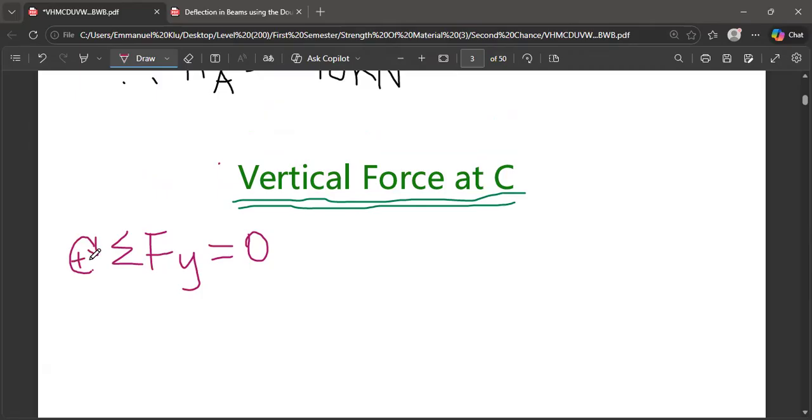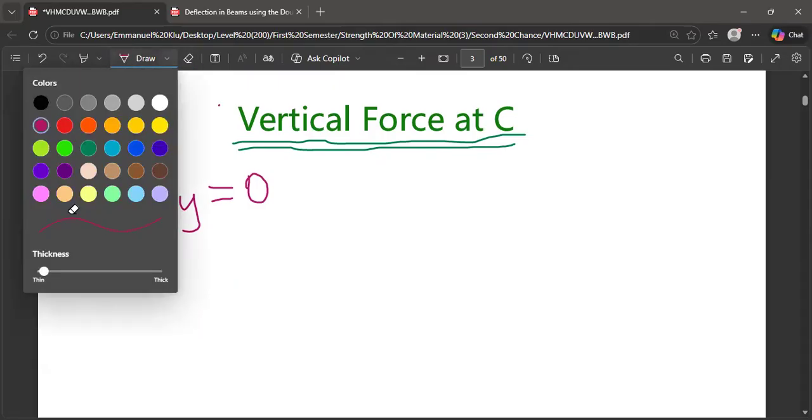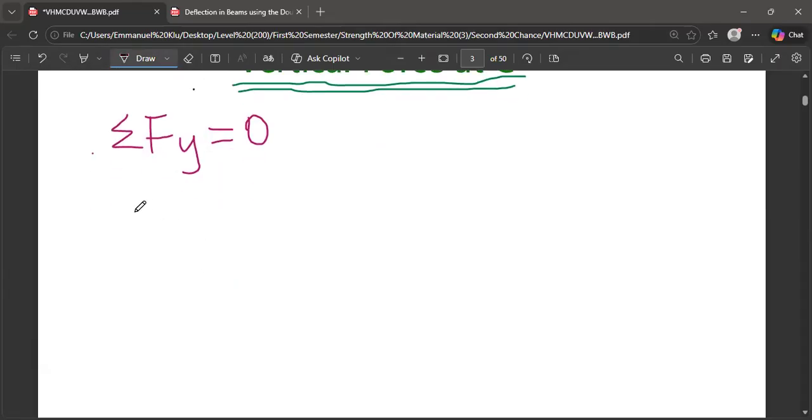We are taking clockwise to be positive. Okay. So if you are taking clockwise to be positive, what does that imply? That implies that over here we are going to be getting minus 10 times 4.